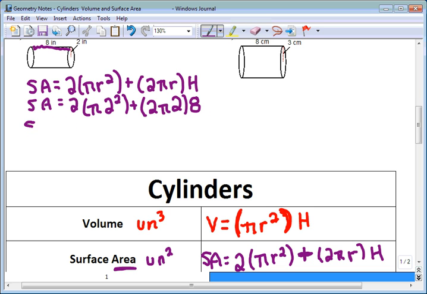So now I just multiply this out. So I have 2 times 4 pi plus 4 pi times 8.